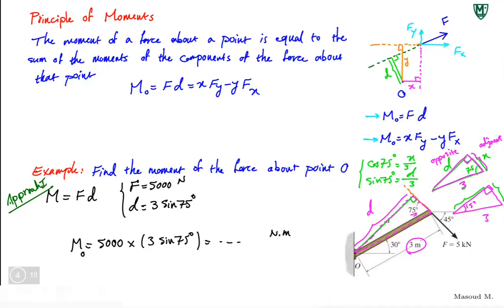You should be very comfortable finding positive and negative by now. Four fingers along the force, in this case F, palm of your hand towards the point you're finding the moment about, make a fist: clockwise. So that's negative, whatever value it gives.